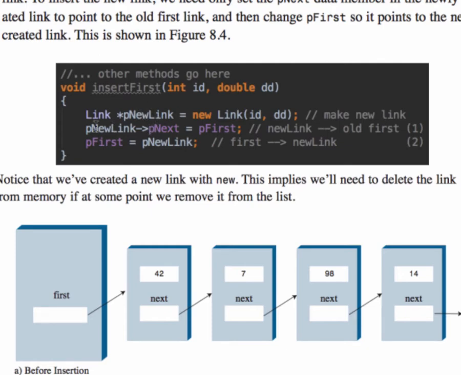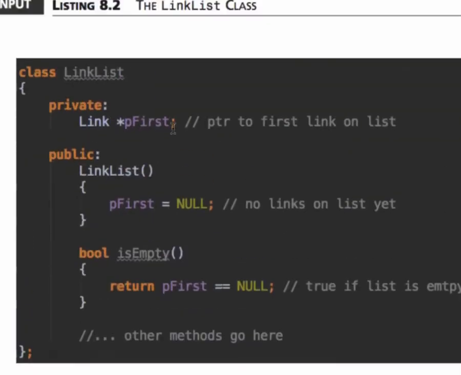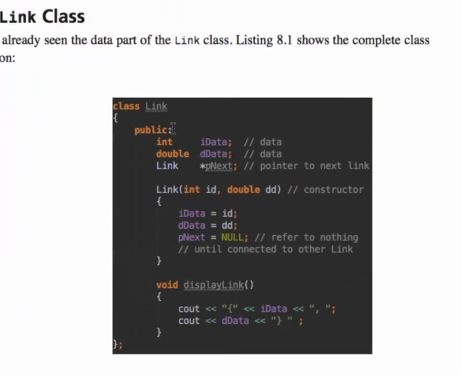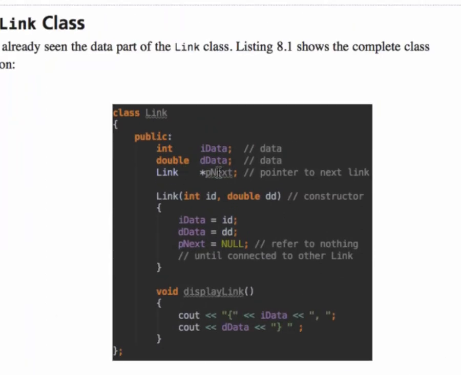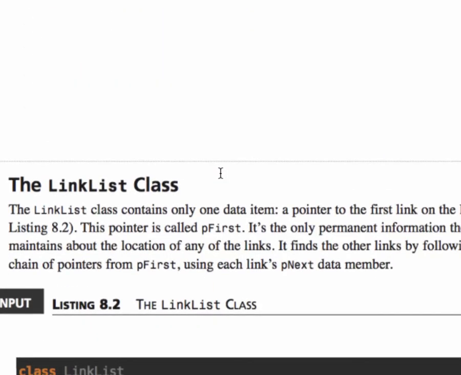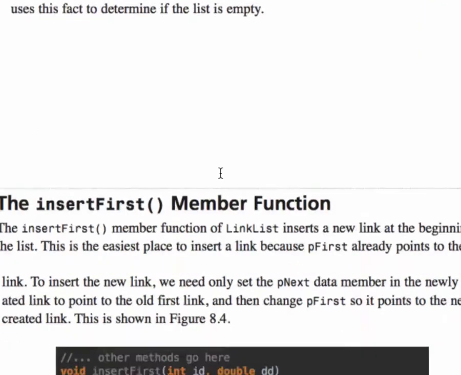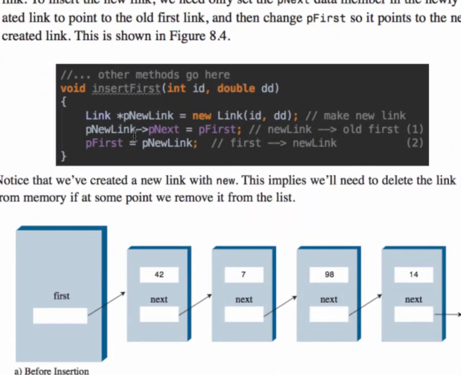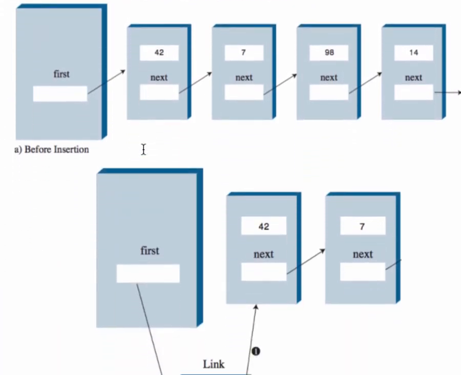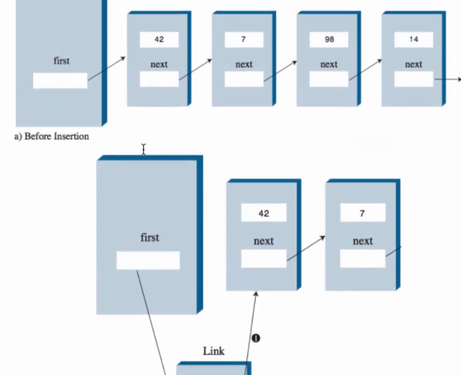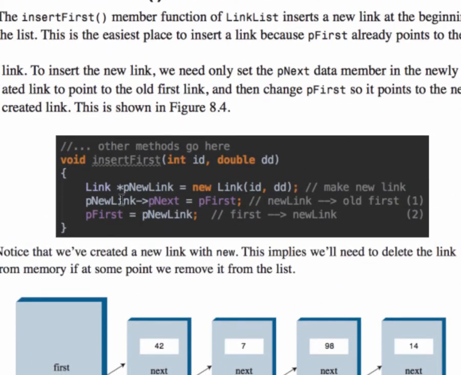By doing this, pNewLink with this little arrow, pNext, I'm actually accessing this variable right here. This is how I'm going to make this variable equal to some other link, and this is how I establish the connection between the different links. So this is the first step: pNewLink next is equal to pFirst.